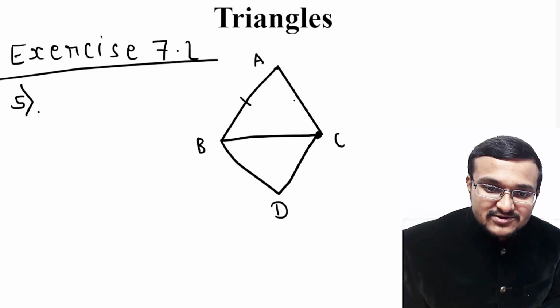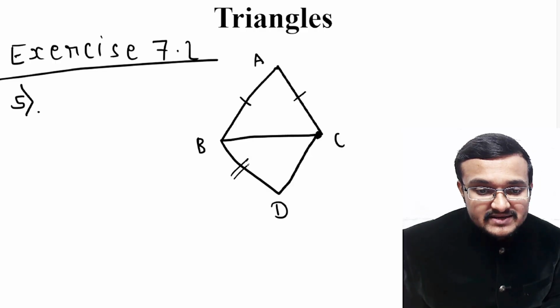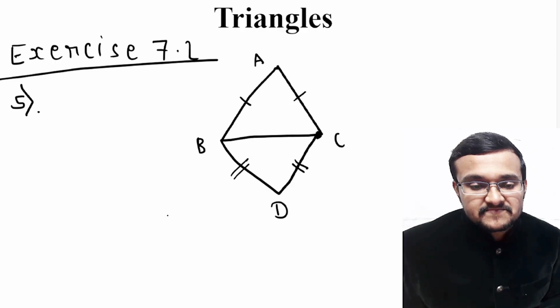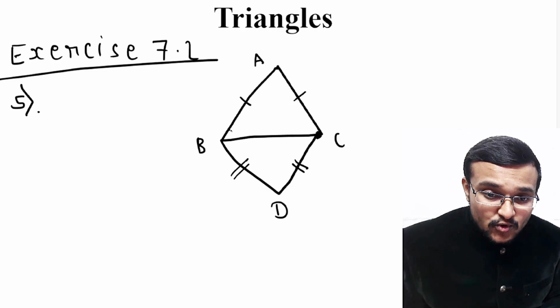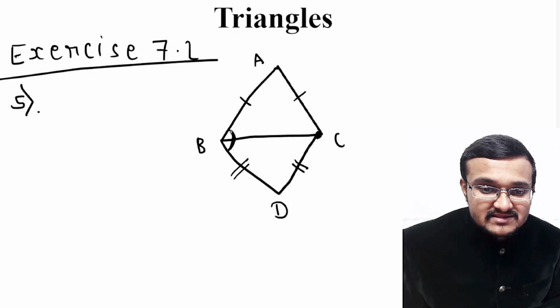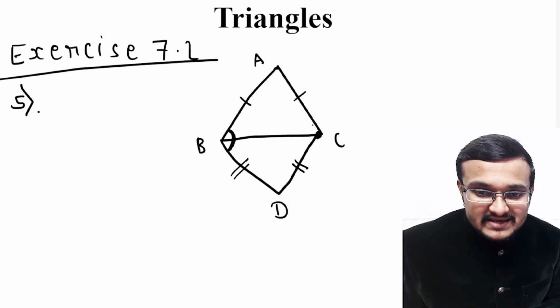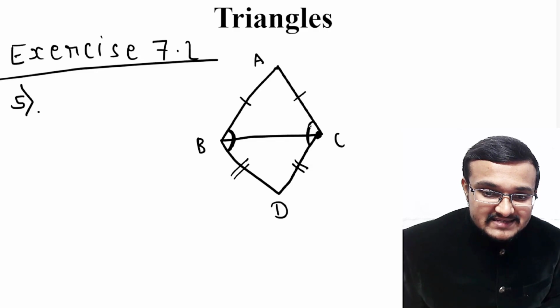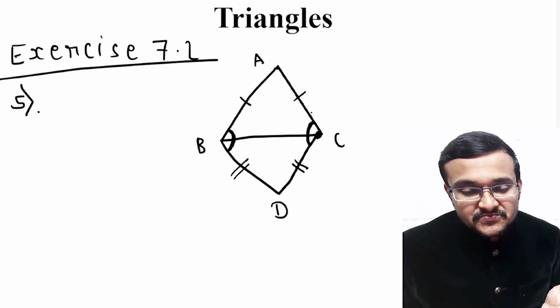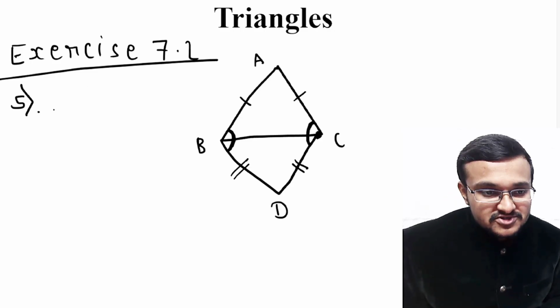That means AB is equal to AC and BD is equal to CD. Here, you have to prove that the total angle ABD and the total angle ACD are equal to each other. That is what they have asked in the 5th question.